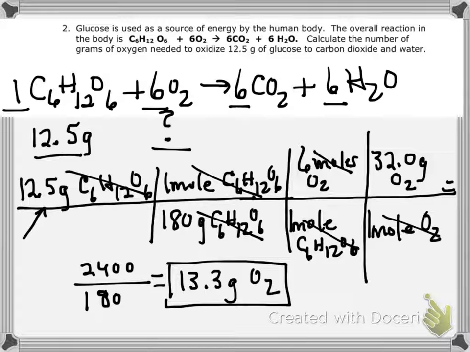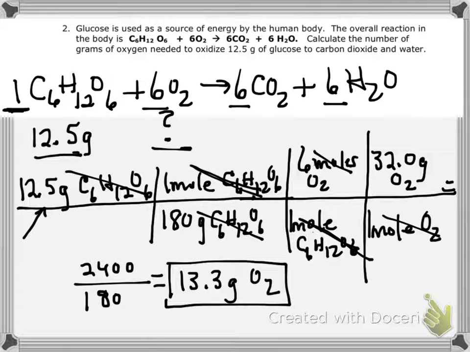Once I have converted to moles, then I can look at the ratio between those 2 parts of the question, what was given to me and what it was asking me to find. I put glucose's coefficient on the bottom, and I put oxygen's coefficient number on the top of my conversion factor, because I wanted the glucose to cancel out and I wanted to be left with moles of oxygen.